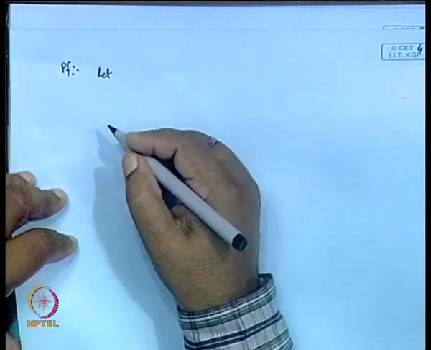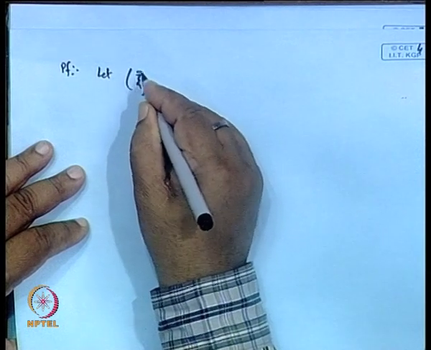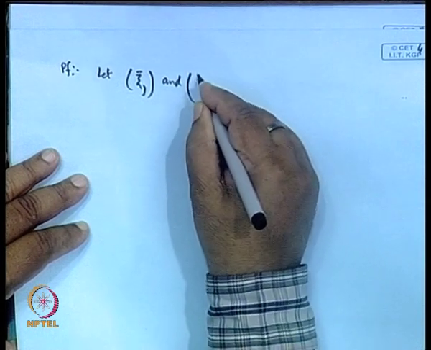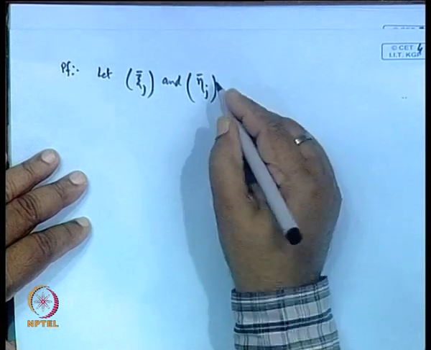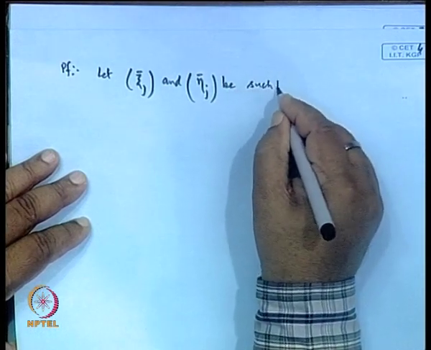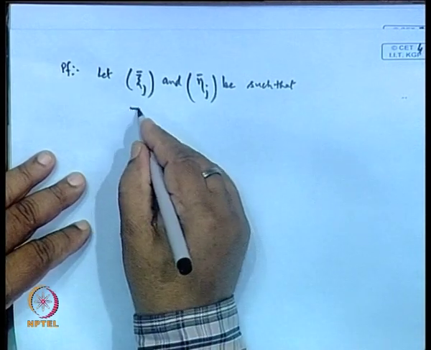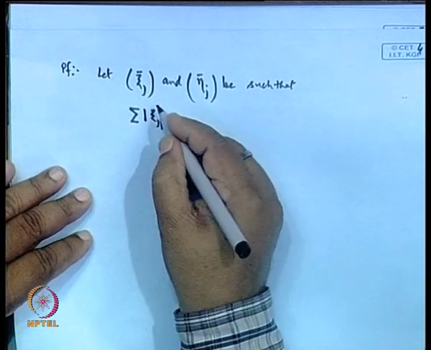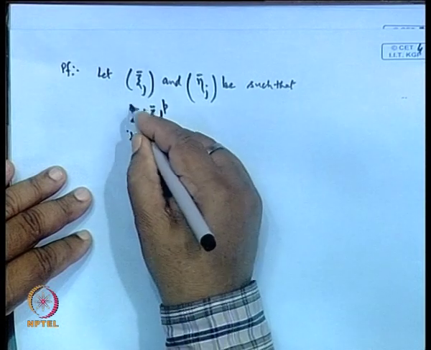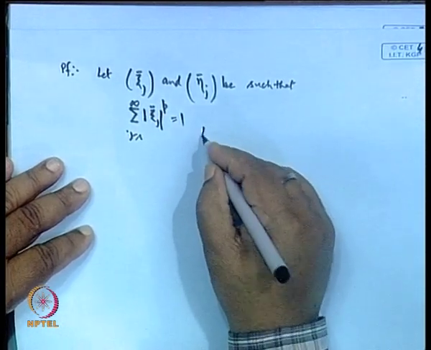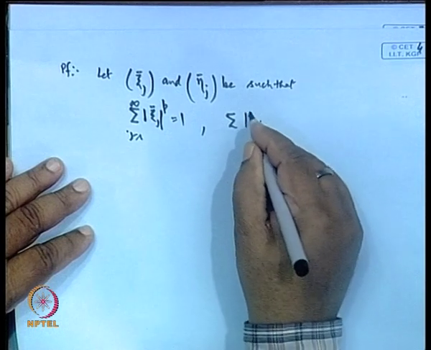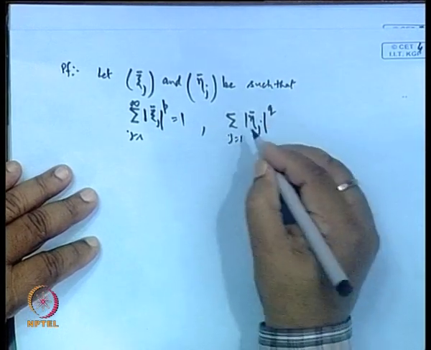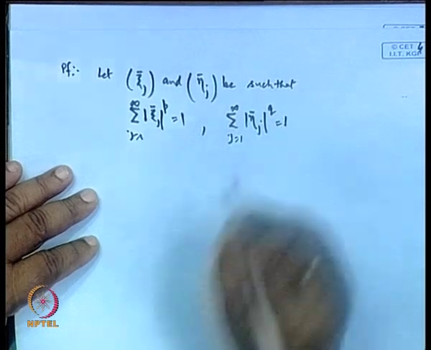Let xi j bar and eta j bar be two sequences such that the sum of mod xi j bar to the power p, j from 1 to infinity, is 1, and the sum of mod eta j bar to the power q, j from 1 to infinity, is also 1.